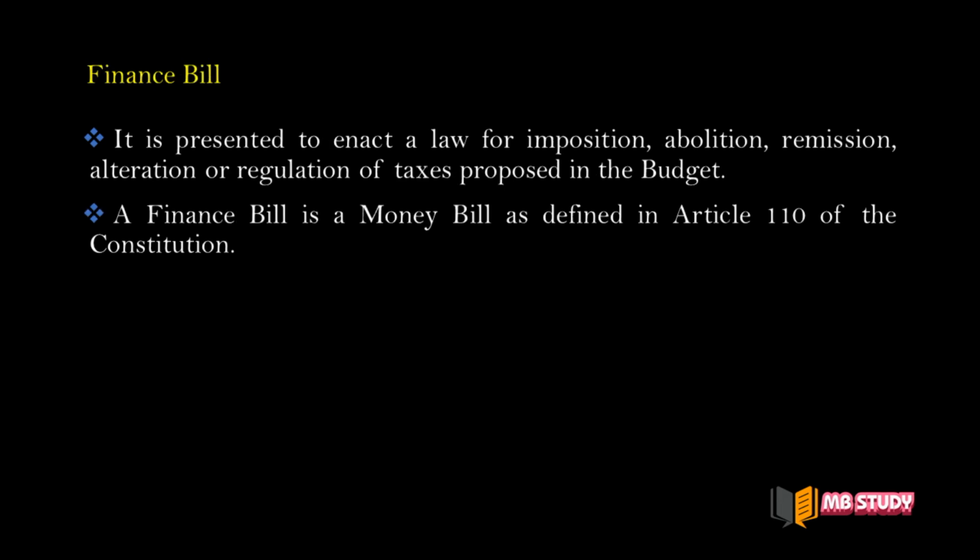Finance Bill. It is presented to enact a law for imposition, abolition, remission, alteration or regulation of taxes proposed in the budget. A finance bill is a money bill, as defined in Article 110 of the Constitution.